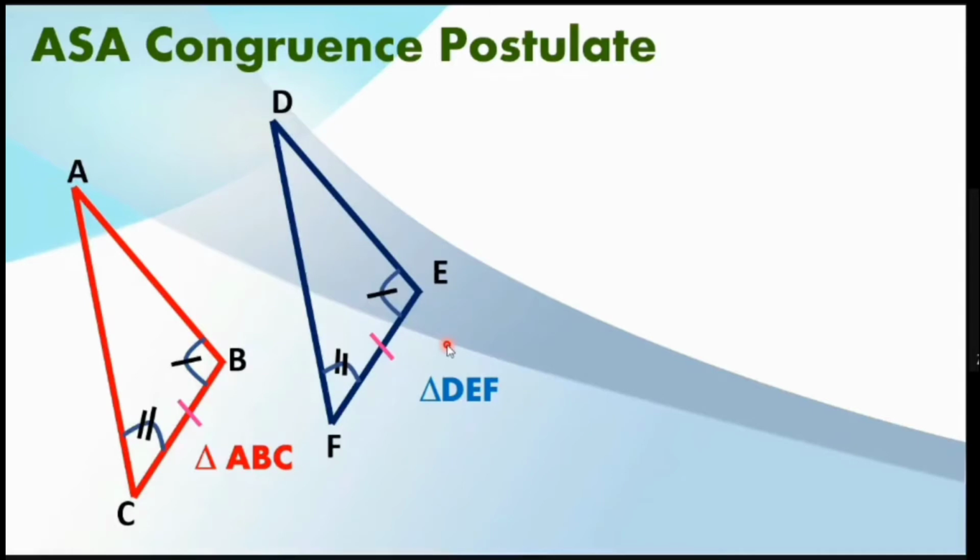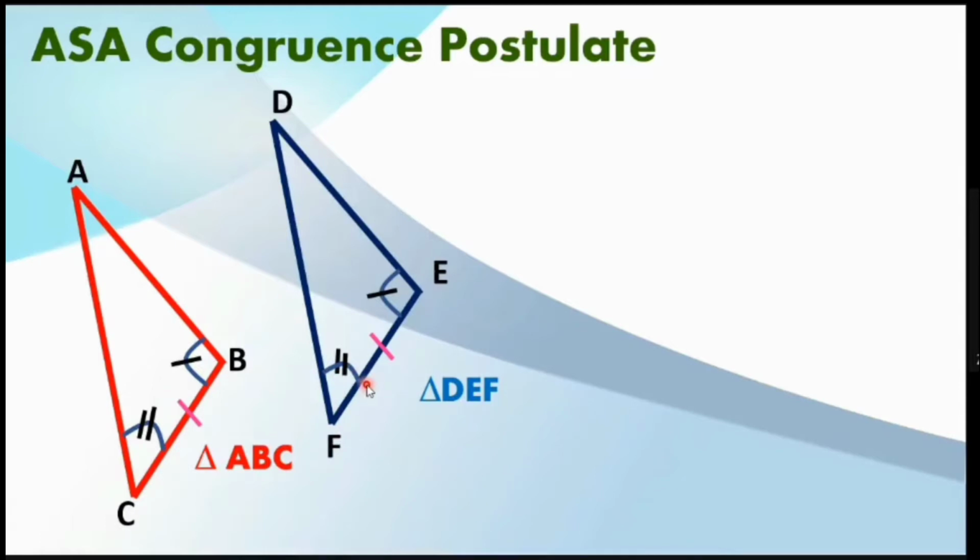On the second triangle, the parts that have tick marks are angle E, side EF, and angle F. So it is angle, side, angle, or ASA.